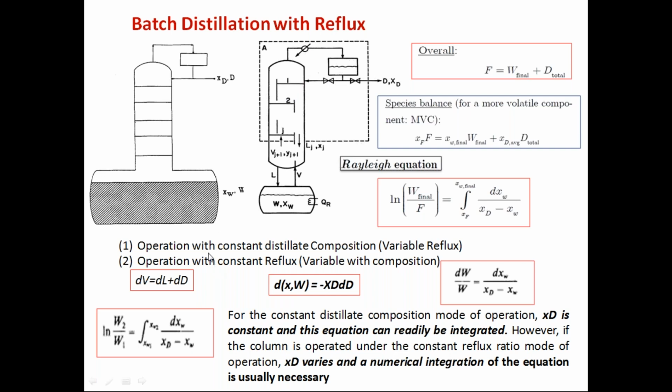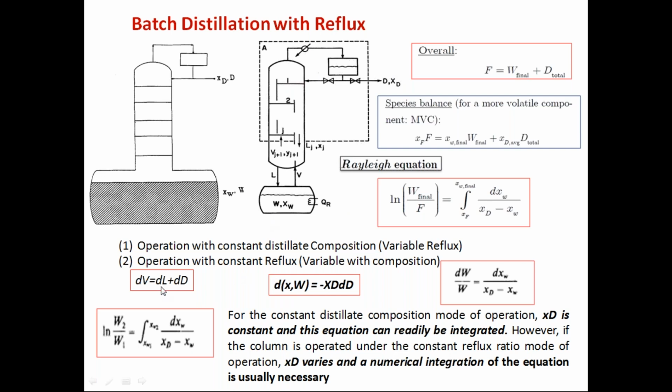So that's why there will be two conditions which can prevail. You can do the operation with constant distillate composition, XD constant for some time, or you can do the constant reflux, because the L value which is being sent, that should be made constant. Either this should be constant or this should be constant, so as to run this operation.